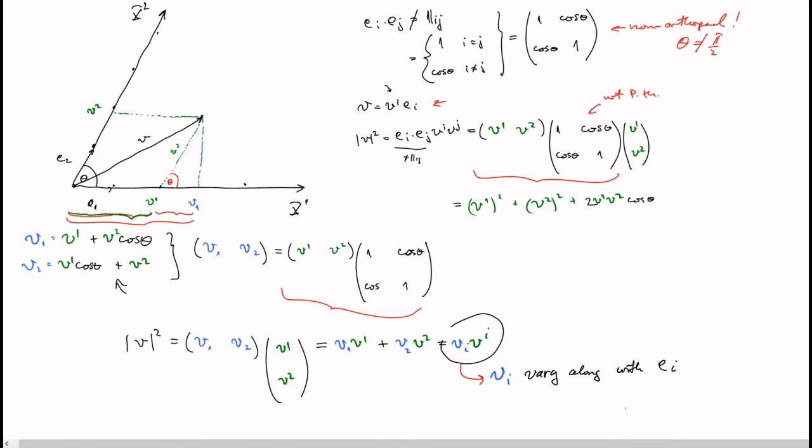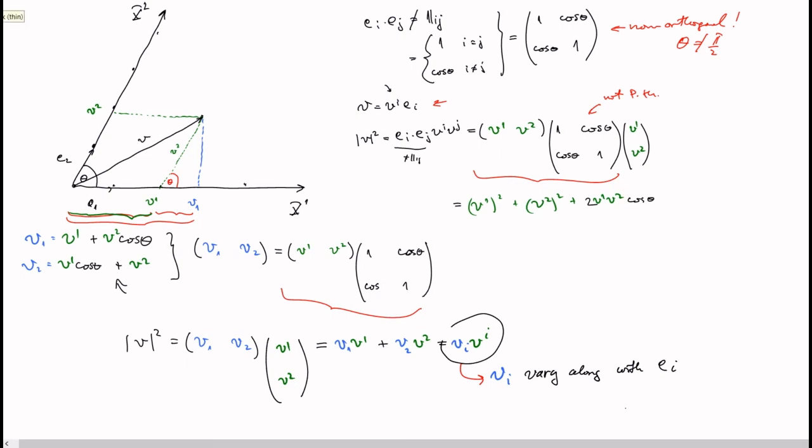If the contravariant components, the green components, change, then the blue components have to change in an opposite way. Or if the blue components vary, then the green components have to contravary.